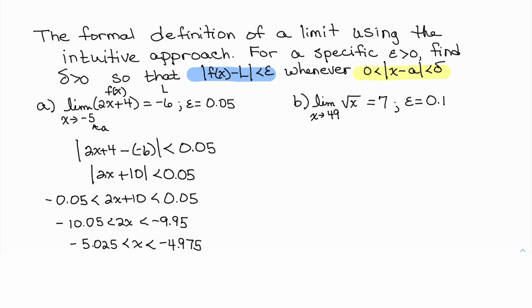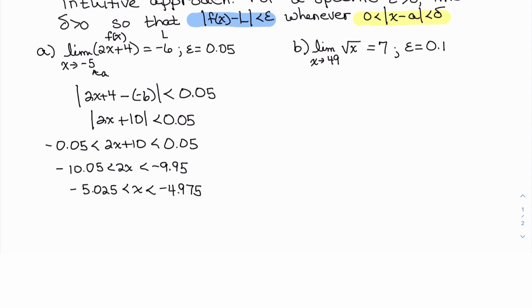Once we've gotten it where we have just that x in the middle, we look again at that yellow highlighted. We want in the middle x minus whatever our a was, and our a is negative 5. So I need to subtract a negative 5 from all three parts. I'm going to write it like that at first, and then we'll simplify the sign.